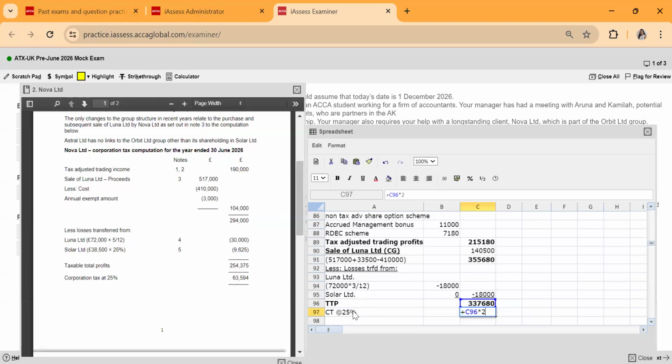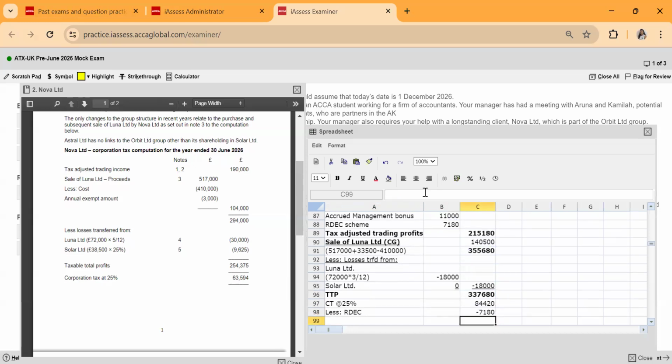So it is correct. So corporation tax is, sorry, 84,420. Now, remember to reduce the RDEC also. Okay, so I will reduce RDEC, the same amount that we have added, that is 7,180.